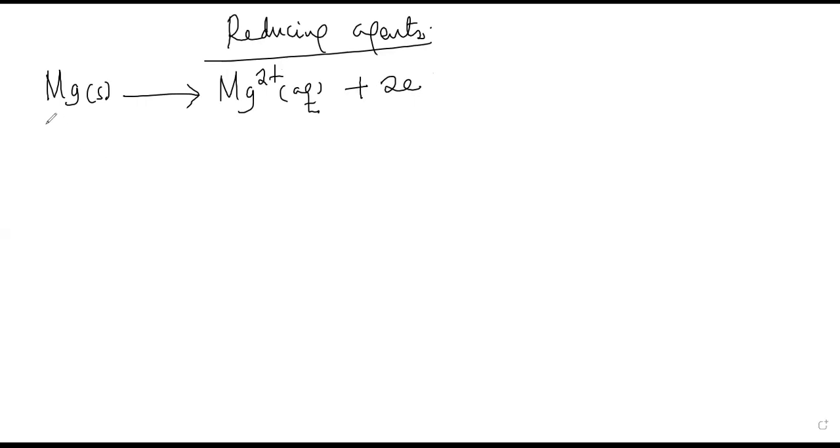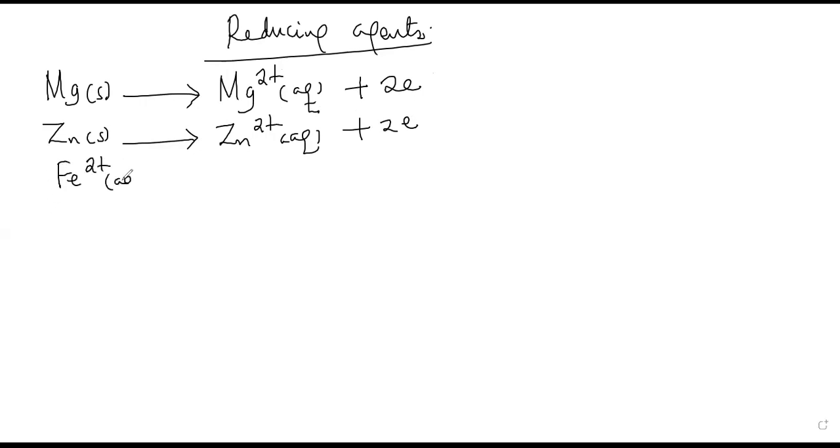The same applies to zinc. Zinc metal loses electrons and is oxidized to zinc ion after having lost 2 electrons. The same applies to iron 2. It is oxidized to iron 3 after having lost 1 electron to balance.